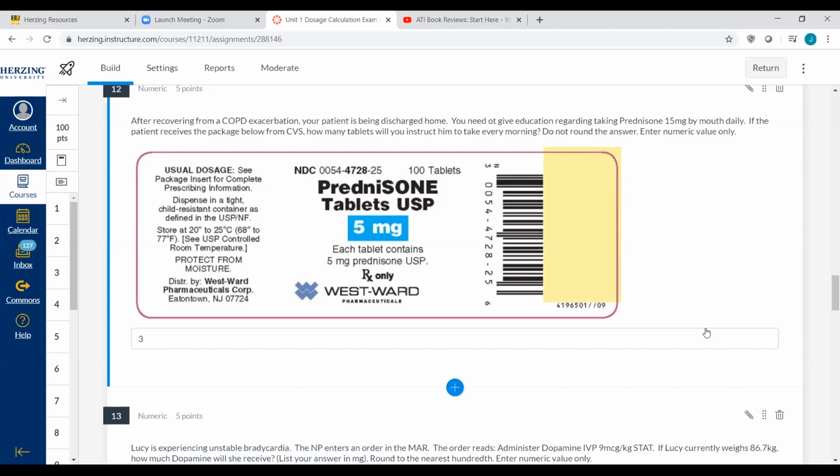So basically with these kinds of questions, you always look at your weight first. In this particular question, it's already in kilograms, so you don't have to change it. Then you multiply it by the other number: 86.7 times 9. Whatever you need to do to change that to milligrams is what you do at the end. So what did everyone get?